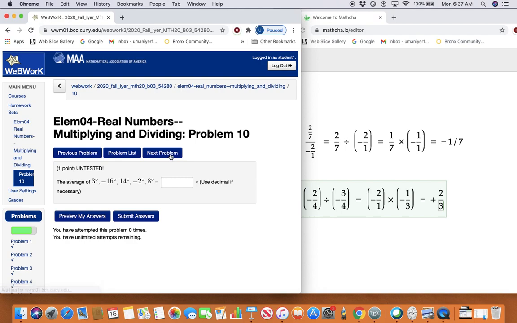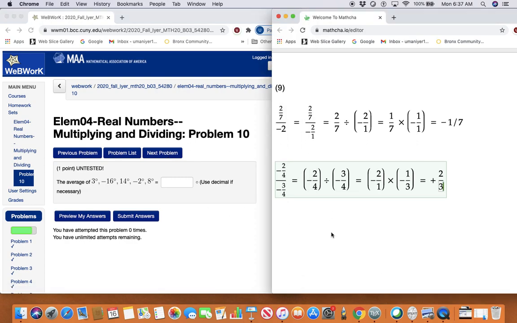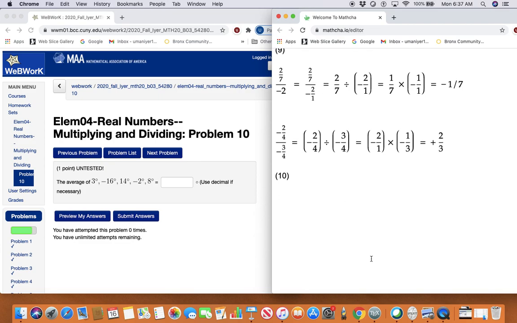Next problem. Okay, the average. How do you take average? You add all the numbers and divide by the total of numbers. 3, -16, 14, -2, 8. So you want to find the average. What do you do?